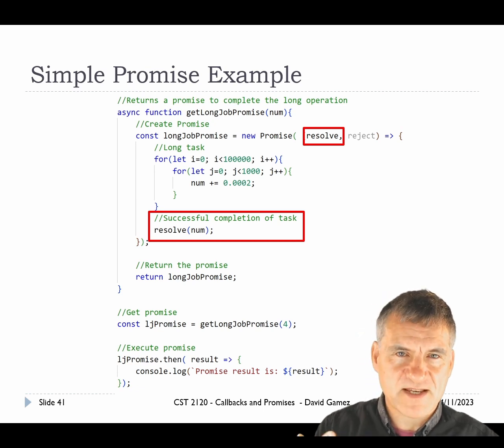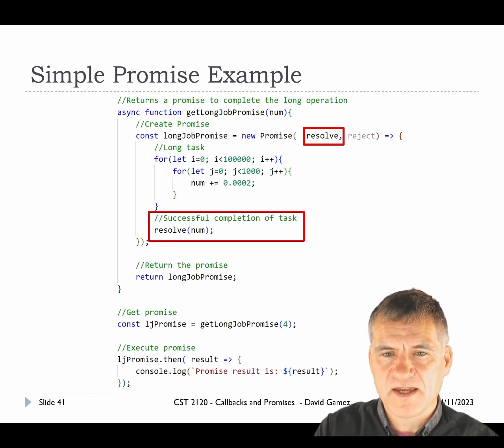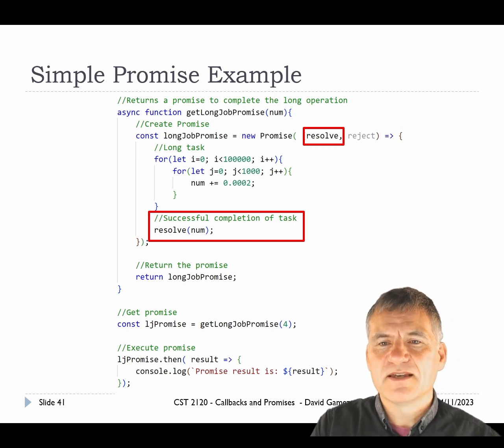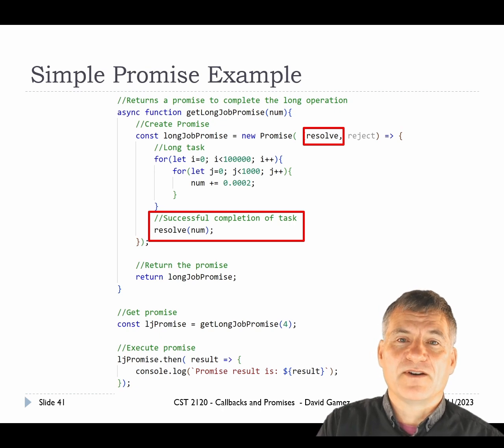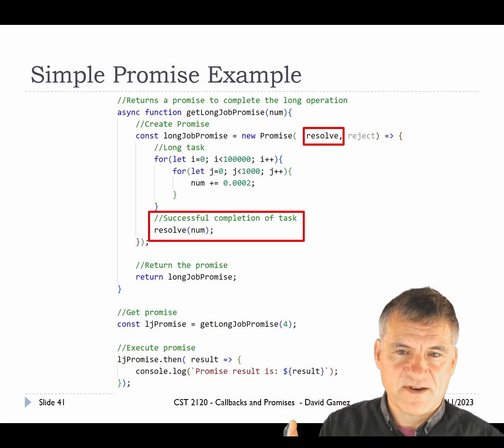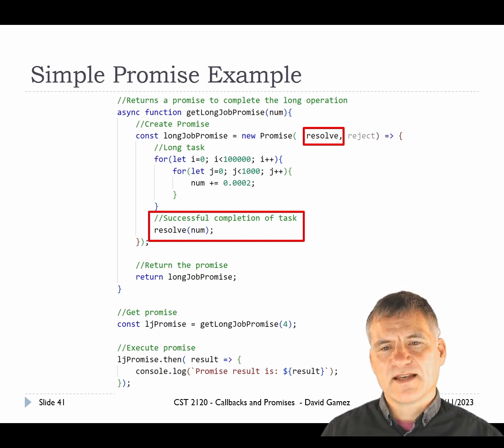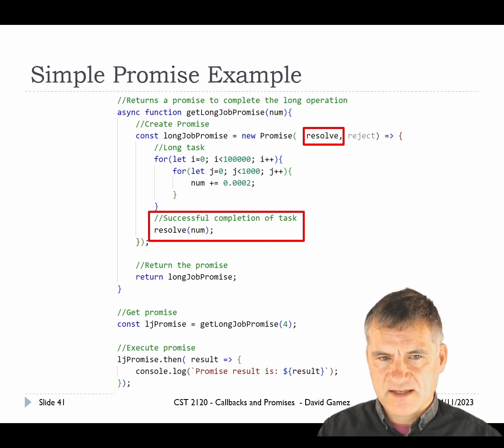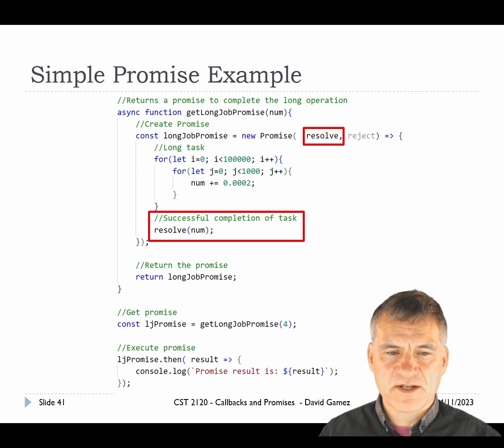There's an awful lot of this kind of stuff when we're working with JavaScript code. So this is the constructor of the promise class. We're passing in a function, and that function has two arguments, which are functions called resolve and reject. And it's a bit like a callback in the sense that when the promise is executed, it does whatever it does, accesses the database, in this case the long task that I used in my illustration earlier.